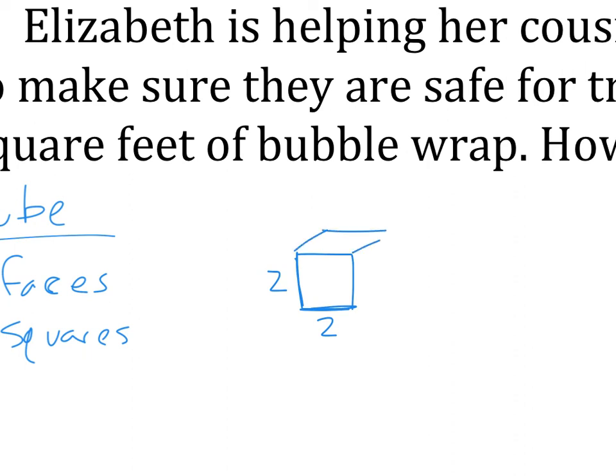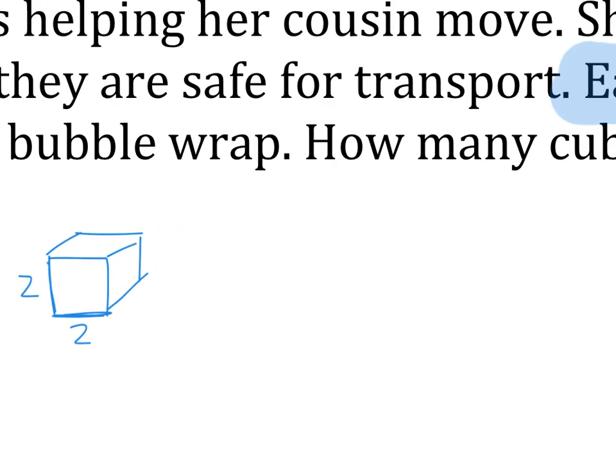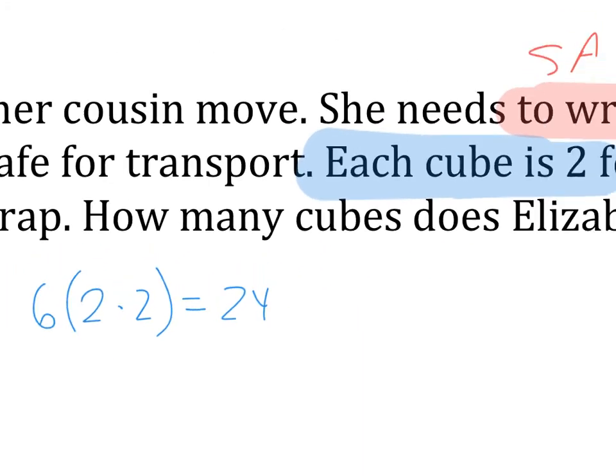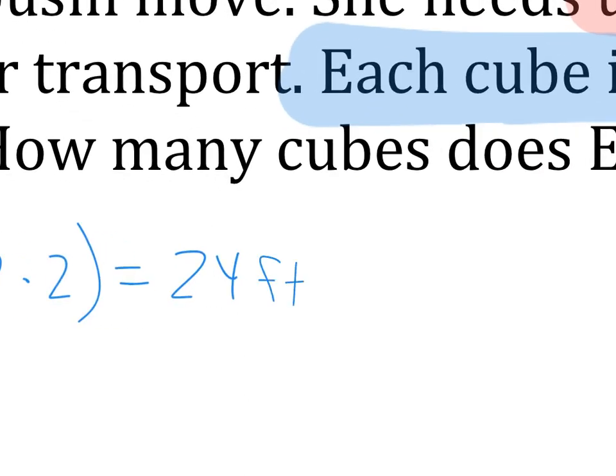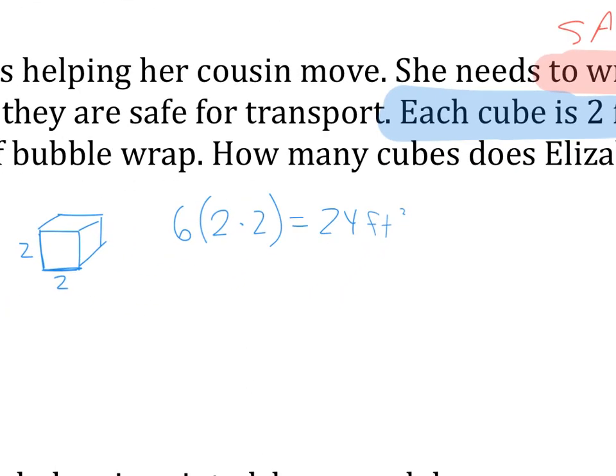Remember, it's 3-dimensional. So to wrap one of the cubes, or one of the faces of the cubes, is just 2 times 2. But because it is a cube, there are 6 of those squares. So 2 by 2 is the area of 1 square. We have 6 of them. So we multiply by 6. And that tells us it's 24 feet squared of bubble wrap to wrap 1 cube.